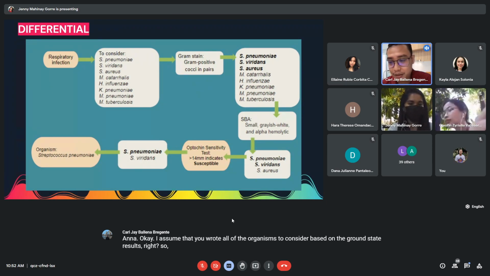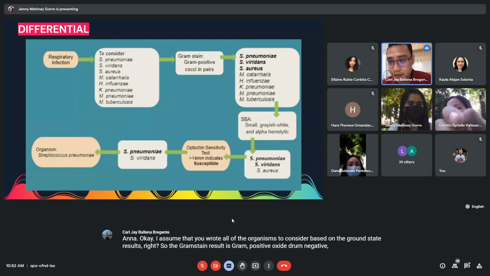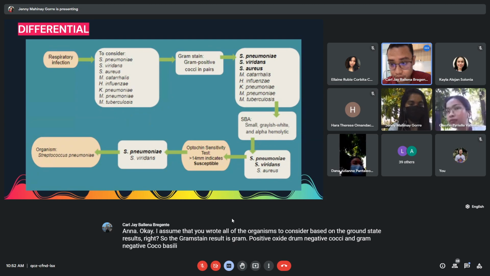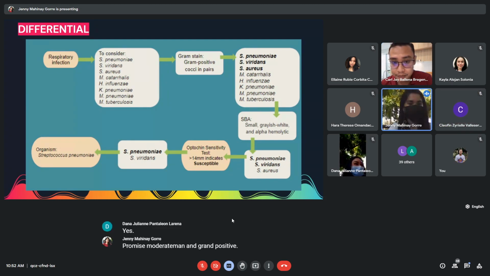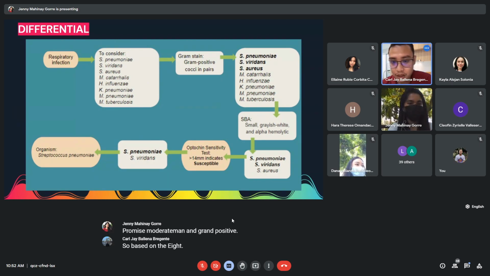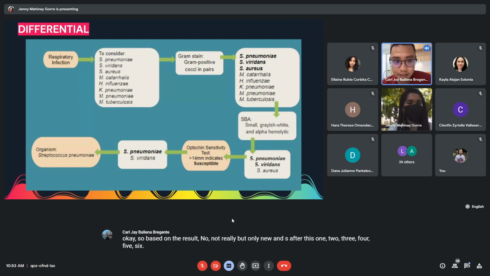So the gram stain result is gram-positive cocci, gram-negative cocci, and gram-negative cocobacilli. Yes, sir. But the gram-positive cocci in pairs is the moderate one. So based on the result, you placed these here, one, two, three, four, five, six.